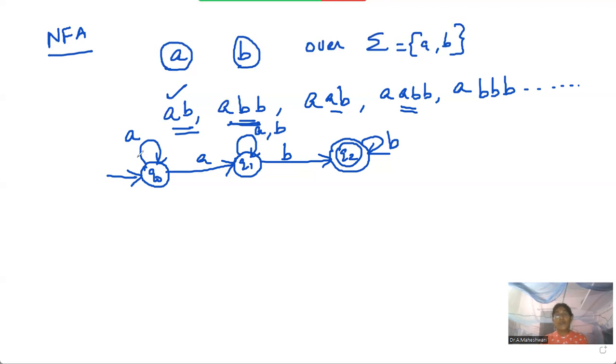Then AAB: this place also I'll take as A, this A and B. ABB: first time from this to this A, and then 1B and 2B are recognized here. This is called an NFA. The last one is the Epsilon NFA.